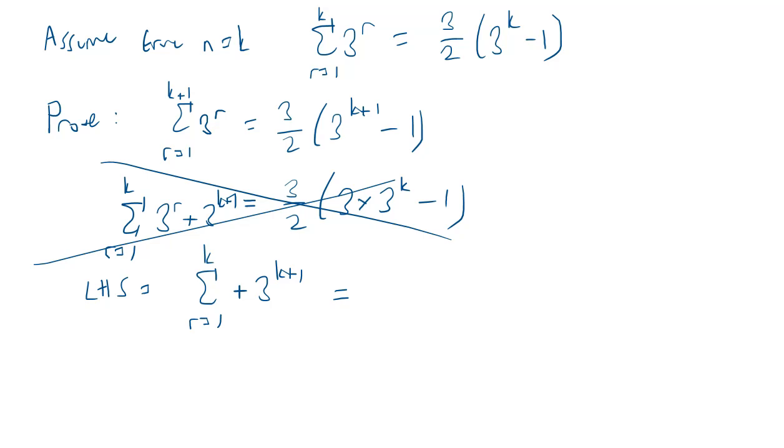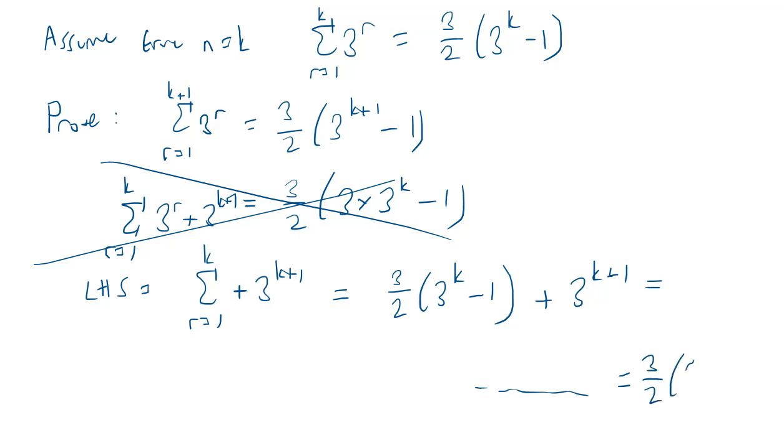We're just saying, well, left-hand side equals this, which by assumption equals this, plus 3 to the k plus 1. And from there, we carry on and we keep doing stuff until we get to blah, blah, blah, equals 3 on 2, 3 to the k plus 1 minus 1 equals the right-hand side. And that is the right-hand side of this statement up here.